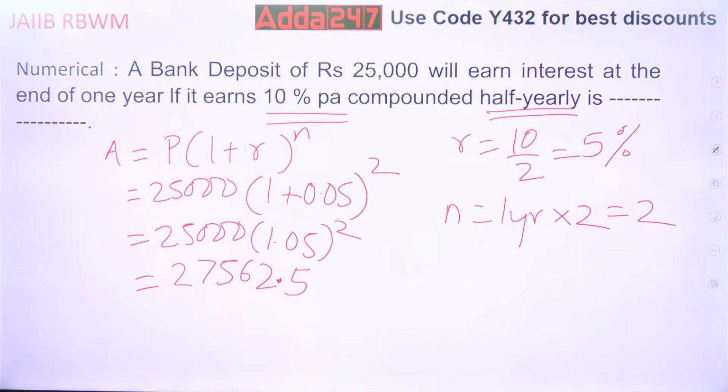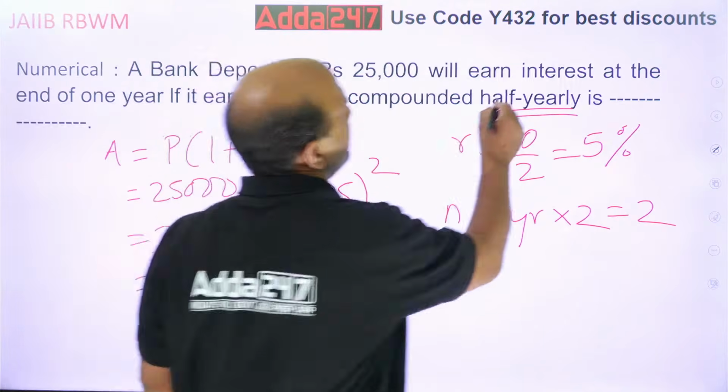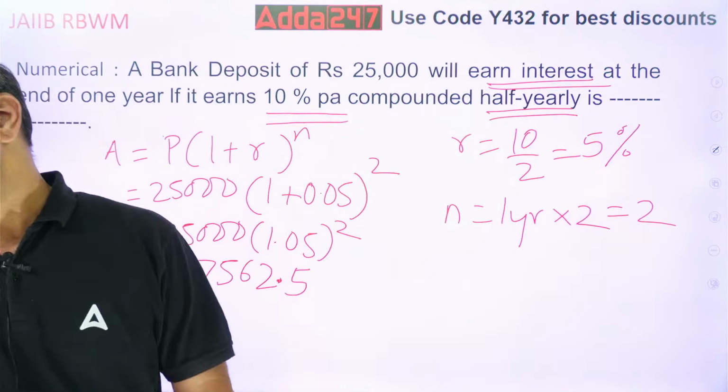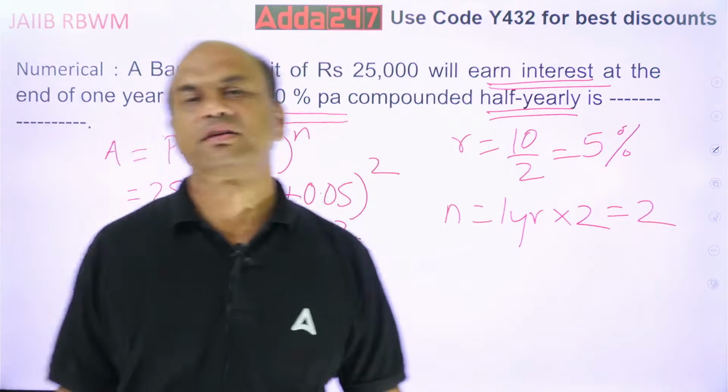Got this 27,562. But is this the correct answer? I'll tell you, this is not the correct answer. Why? Because this is A. But what is the question? Earn interest. So what is the interest?